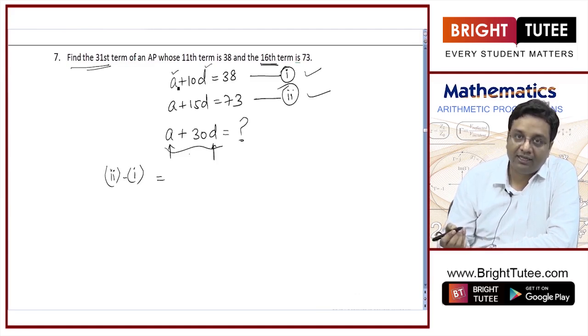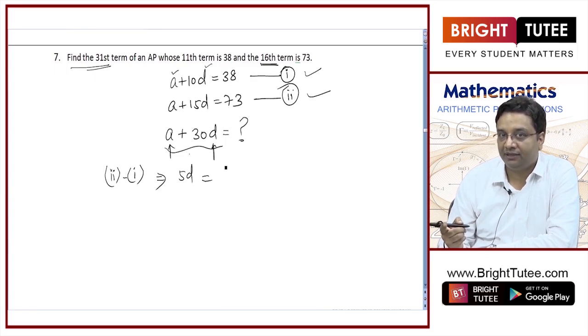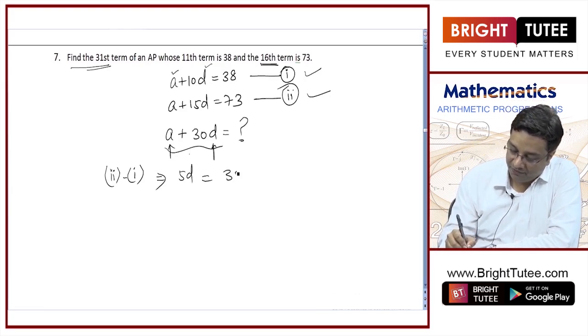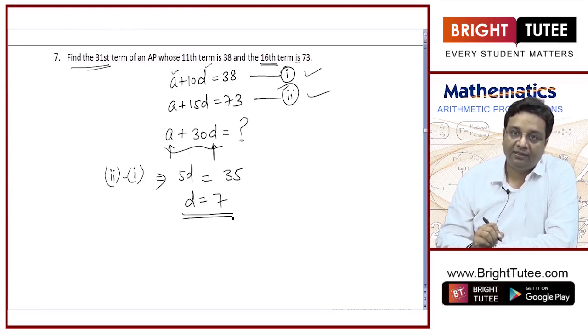A minus A will get cancelled. 15D minus 10D will be 5D, right? On the right hand side, I will get 73 minus 38, which is 35. So D is equal to 7, right?